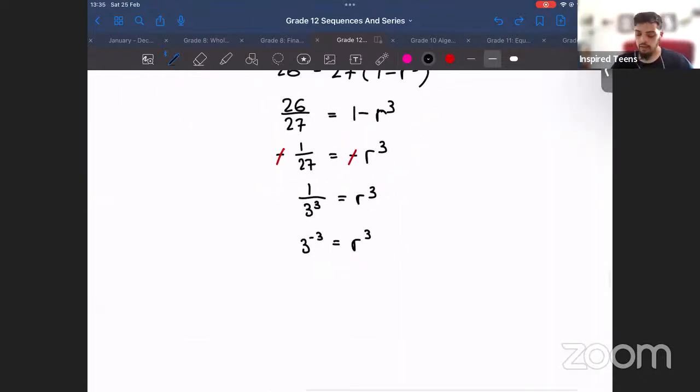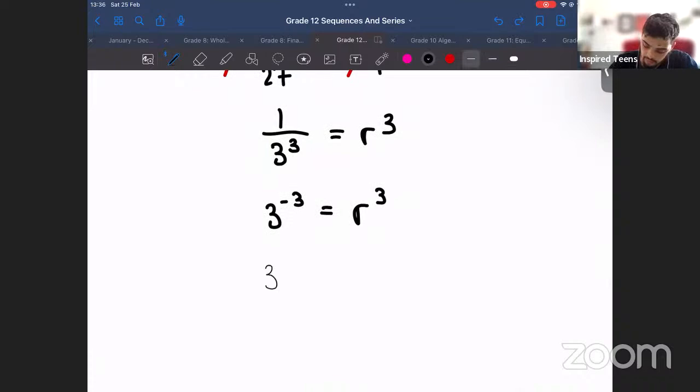It's a past paper. Basically, you could separate it because our exponents are not the same currently.